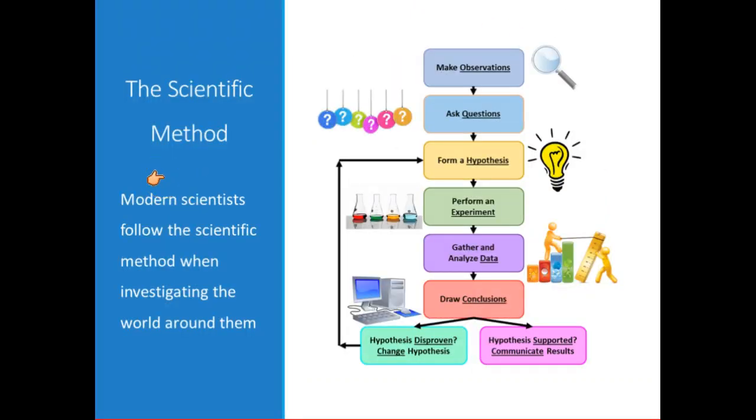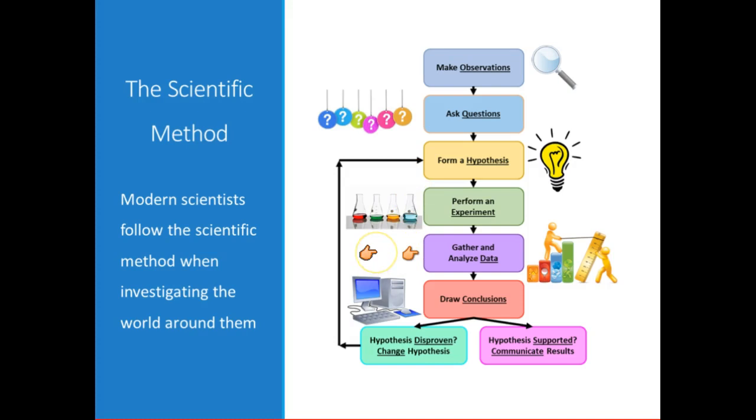Our lab days are all set up pretty similarly. We go through the scientific method as we do our lab. The scientific method, remember, is how we investigate the world around us. The steps are right here. We make observations, we ask questions, we form a hypothesis, which is basically an educated guess towards answering our question. From there, we can design and perform an experiment.